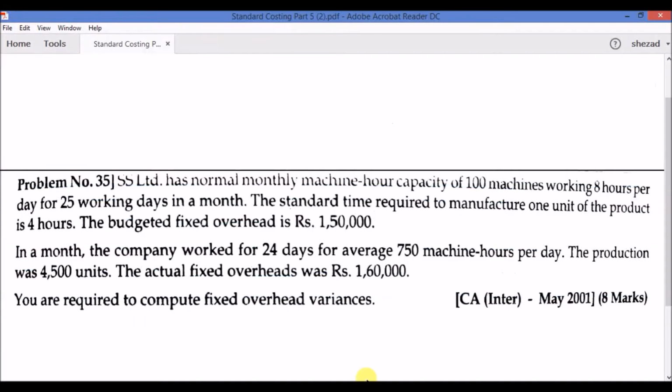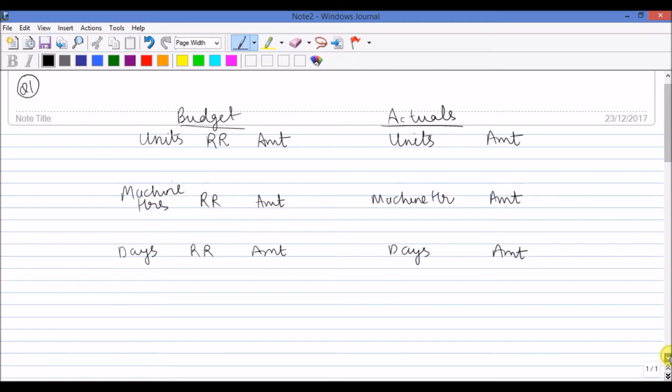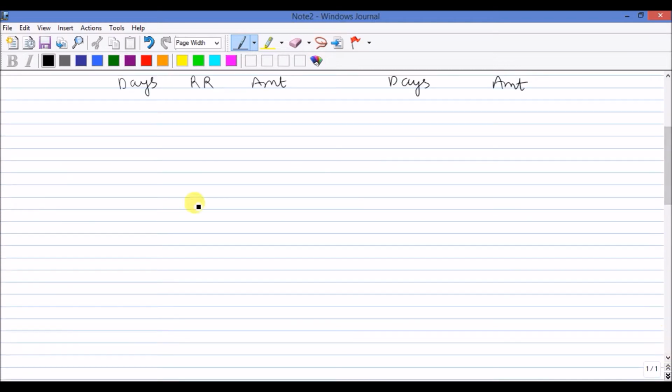So now let's read the question. SS Limited has a normal monthly machine hour capacity of 100 machines working 8 hours per day and 25 working days in a month. Okay, so my main purpose, my working note 1, would be to find budgeted hours.